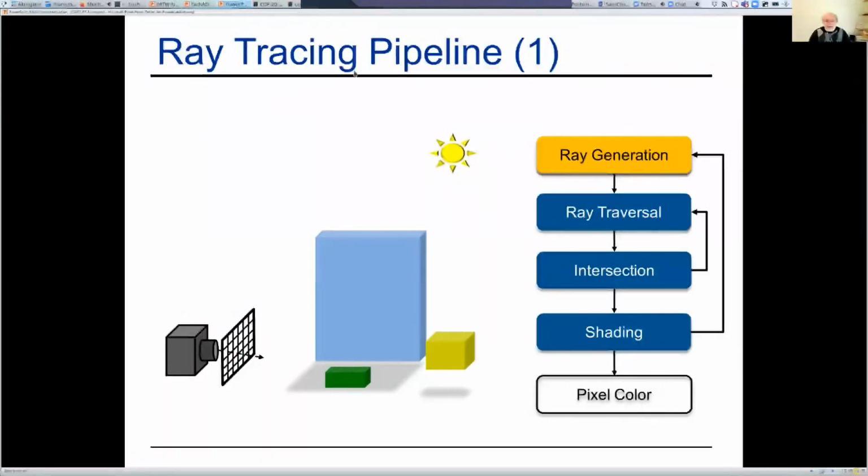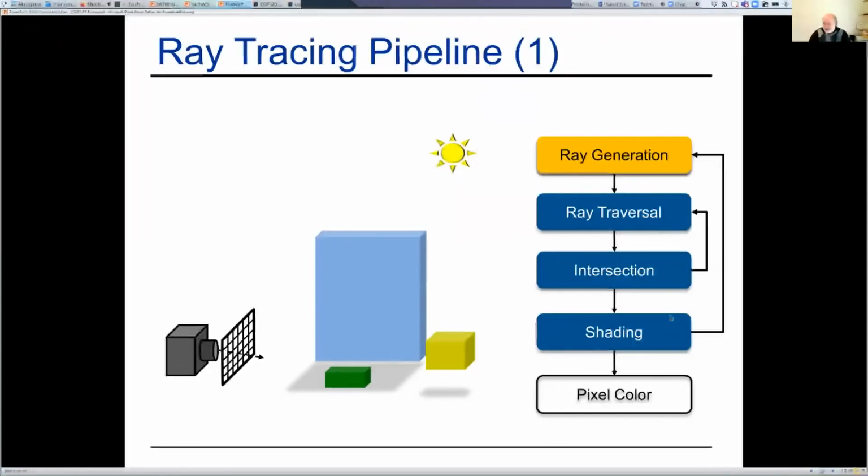Okay, so here is the visualization of this process. The first step was we generate a ray from the camera through every pixel in the image plane. Again, for visualization purposes, I've put the image plane in front of the camera. So here's one ray through one of the pixels.